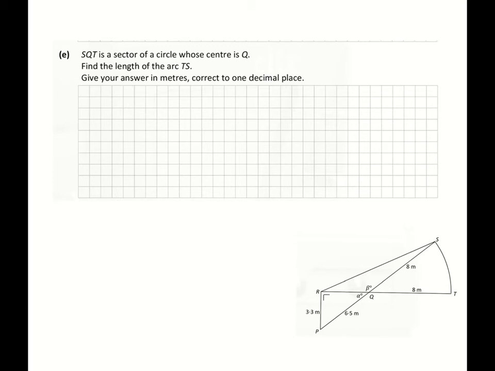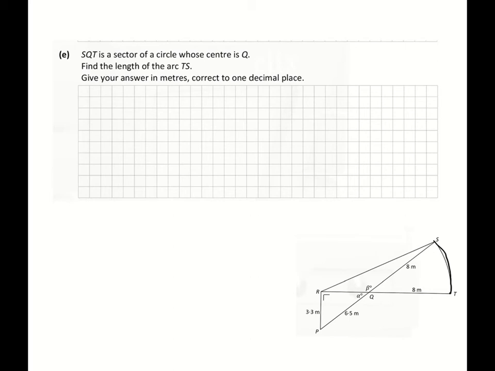In part E, you're asked to find the length of the arc, which is the curved part there from S to T. So sectors are similar to triangles, as in we can measure the angles, but remember that they're like a slice of a circle. It's like a slice of pizza. You're finding a fraction of the circle.